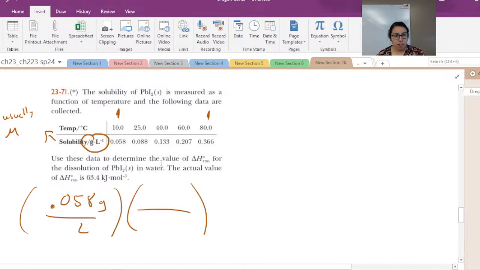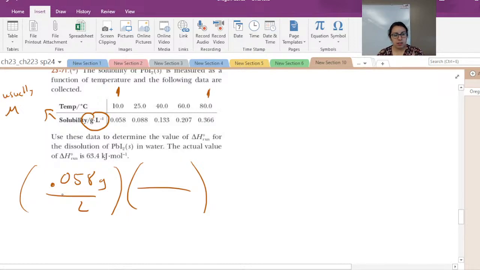So we need to divide by our molecular weight of lead iodide, I don't know why I said potassium. So lead iodide, I think it's 461.01 grams per mole. So divided by that, grams, mole.